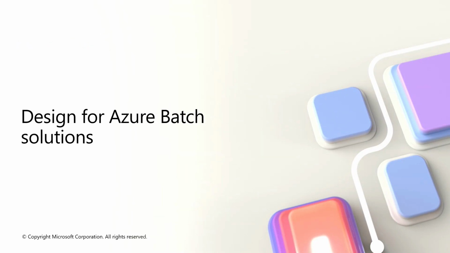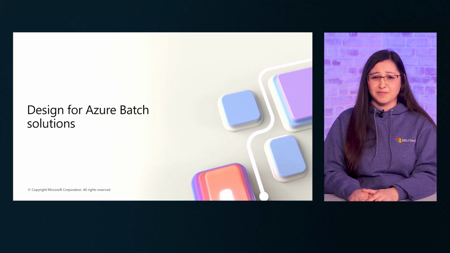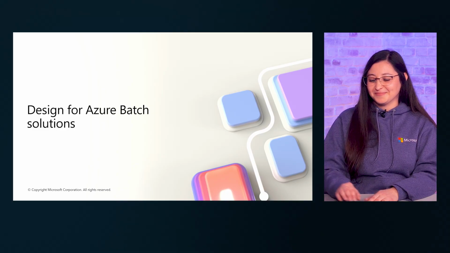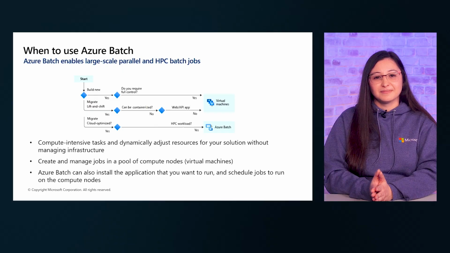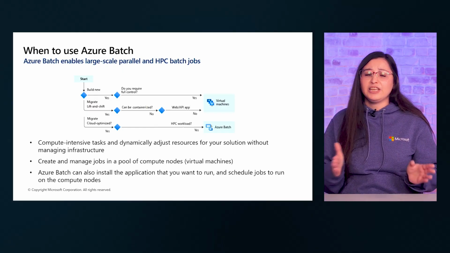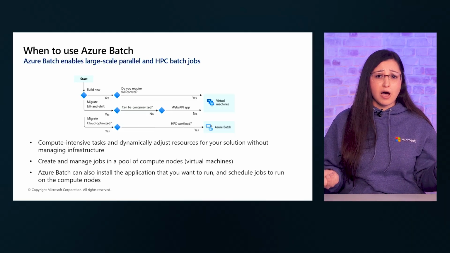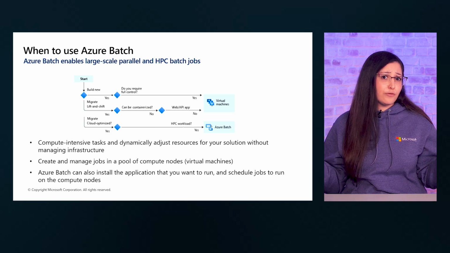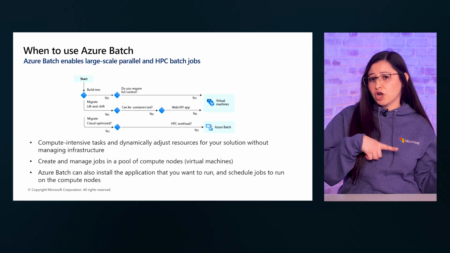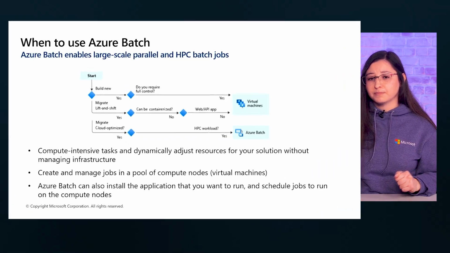Next up, designed for Azure Batch solutions. This is your go-to when the workload is a massively parallel job, HPC style, but managed. We recommend Azure Batch when work splits cleanly into many small tasks: rendering, simulations, model runs, big parallel transforms. You create a job that runs the process on a pool of virtual machine nodes.